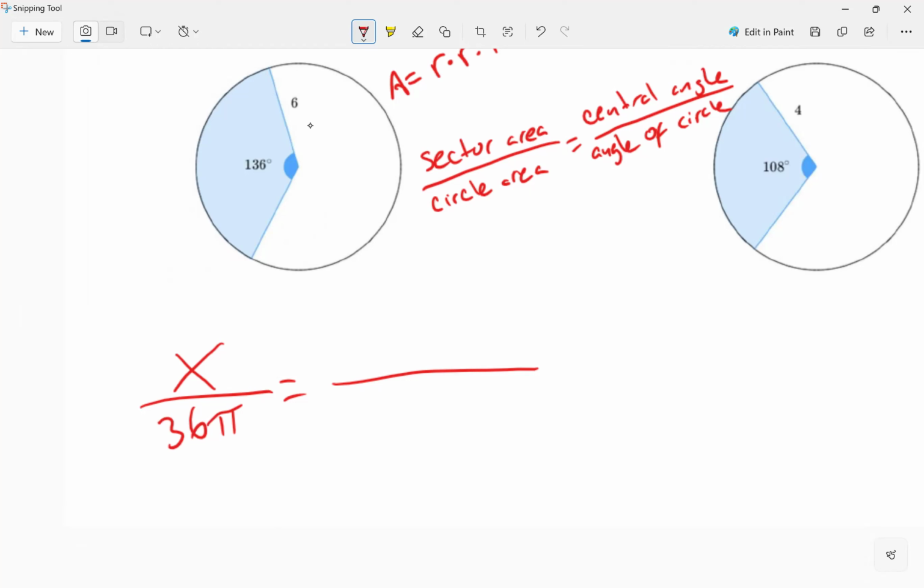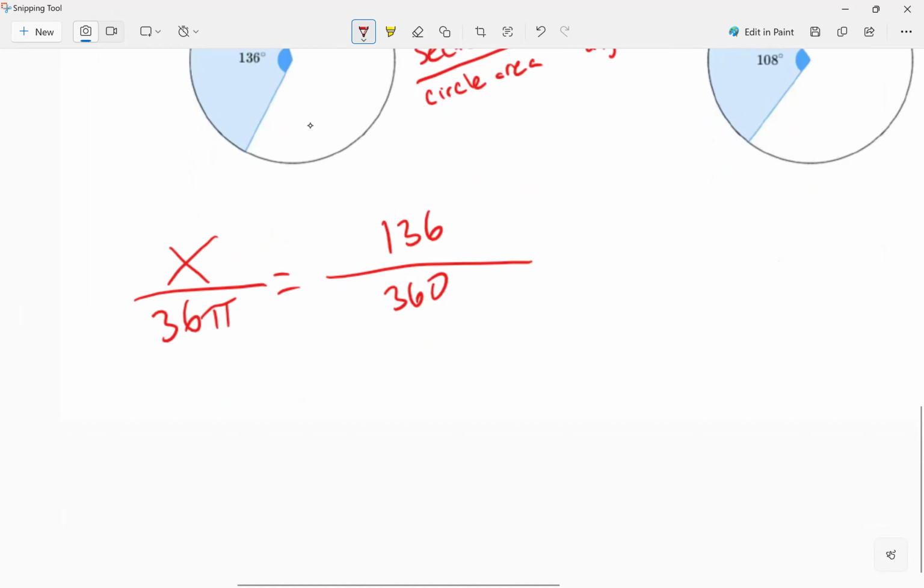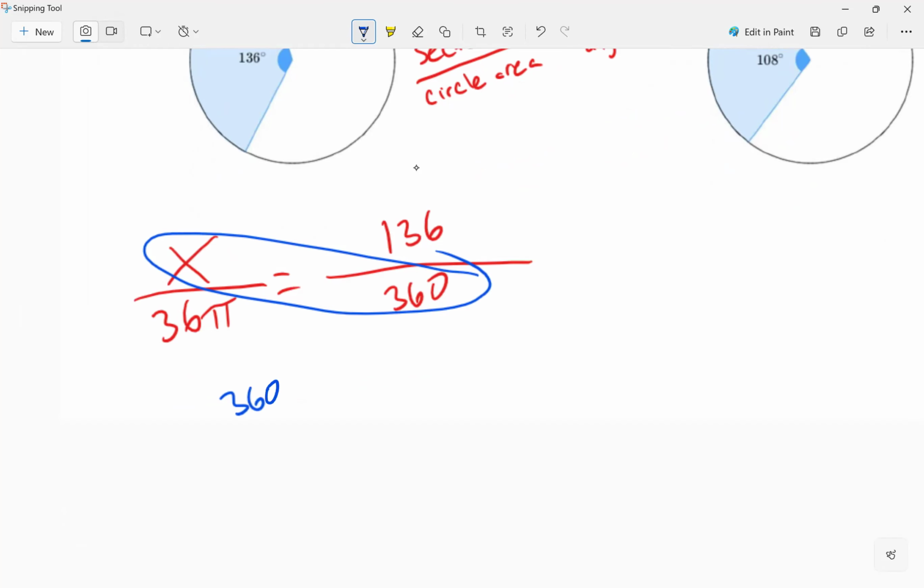Now, what's the central angle? Well, it's 136. The angle of a circle is 360. So I'm going to be able to cross multiply. 360 times x is 360x. Now here, I can easily do 136 times 36, which is 4,896 times pi.